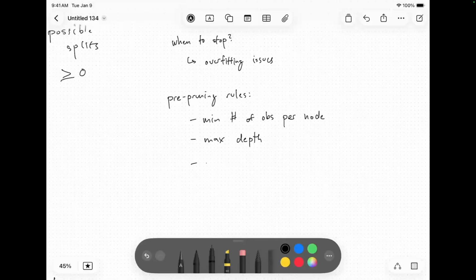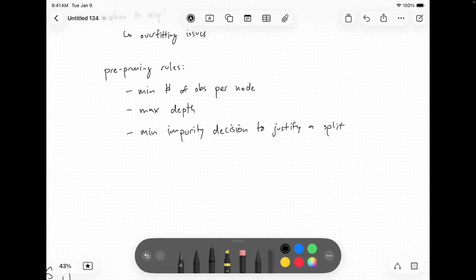And then probably the most important one is a minimum impurity decrease to justify a split. The idea is, I split my data up and improve the outcome a little bit, but if that little bit is under a threshold, then you say, don't bother splitting it anymore. All of these things can help make sure that you don't overfit and that you aren't splitting your data down to the individual observation.